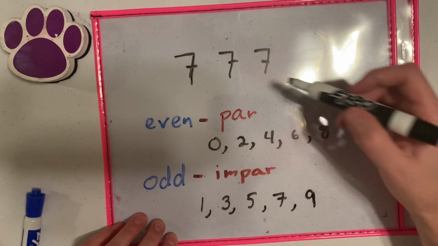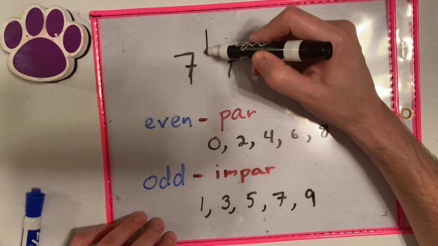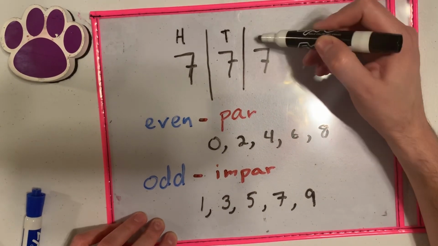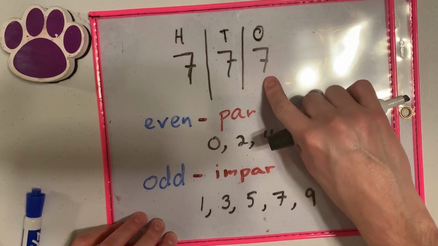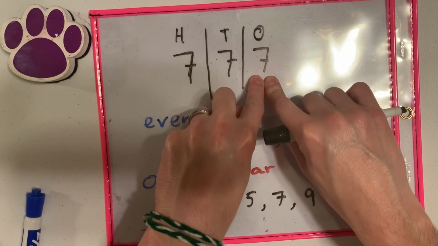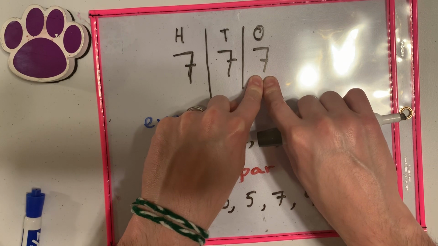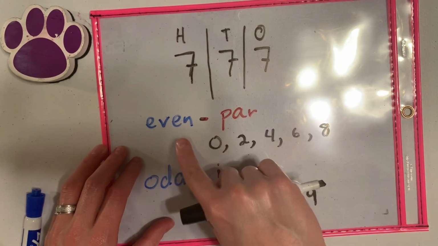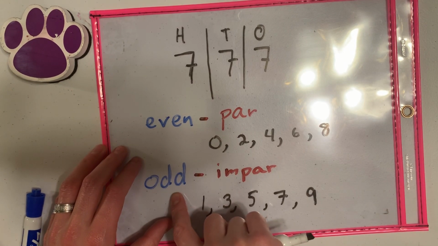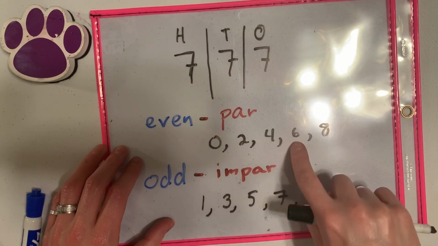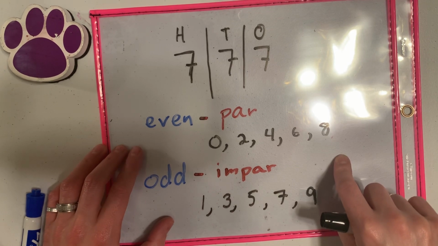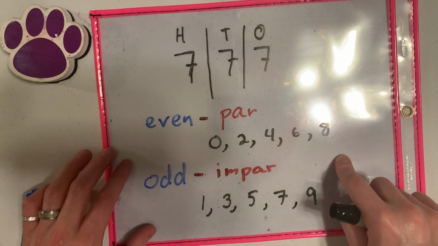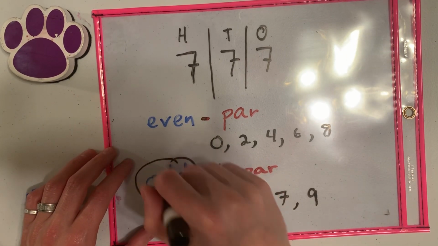Now look at Mr. Hernandez's number. If I divide here, we have the hundreds, the tens, and the ones. I'm going to look at the ones place. How many ones do I have here? I have 7 ones. So I need to think, is it even or is it odd? Is this number a 7? No, so my number is not even. It's an odd number.